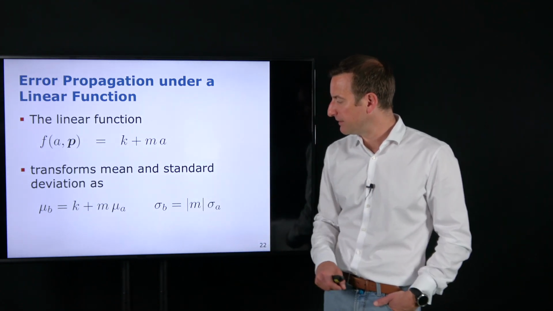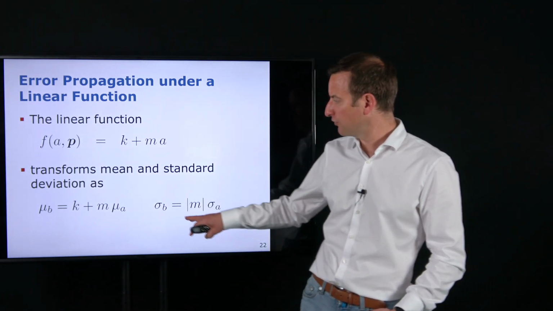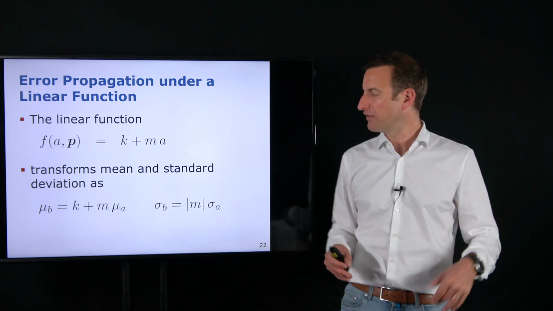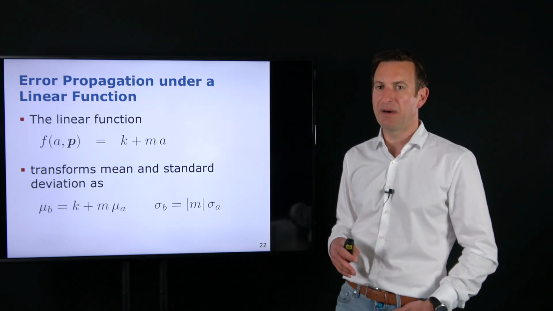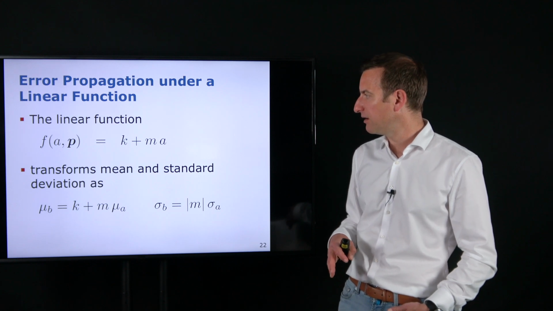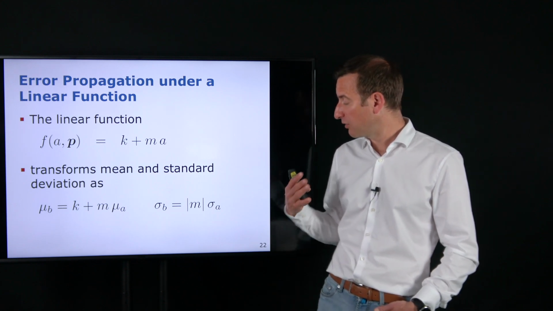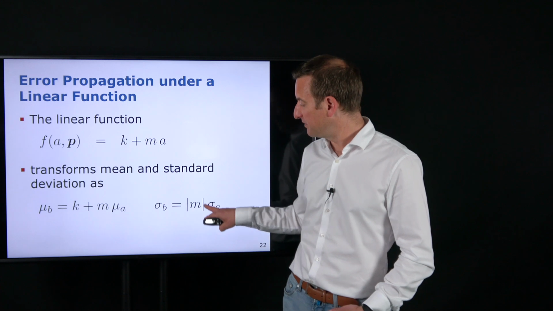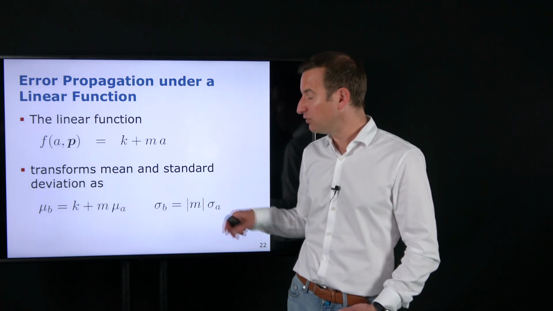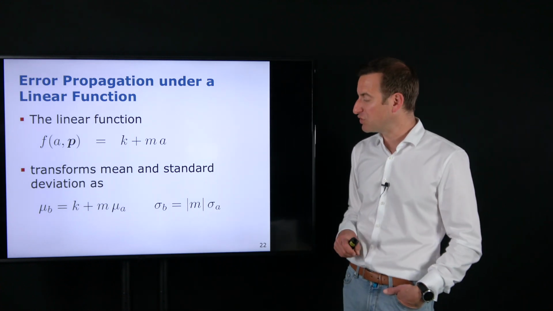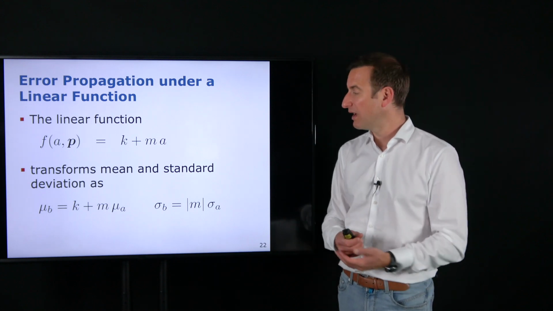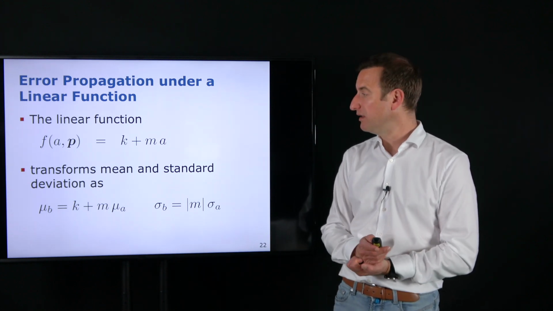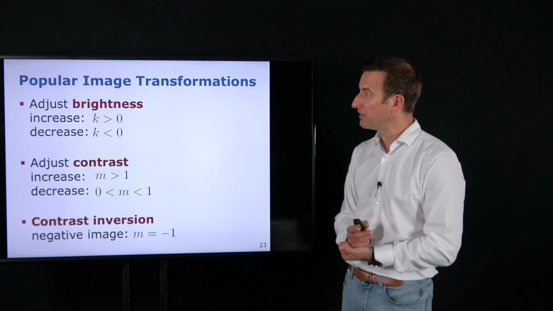And in terms of the contrast, the standard deviation, also the variance, tells me something about the contrast, then it's basically the magnitude of this scalar m, which tells me if I'm increasing or actually reducing the contrast of the image.